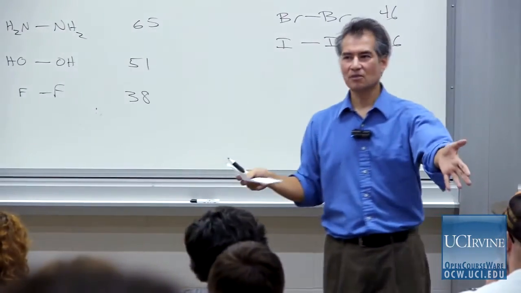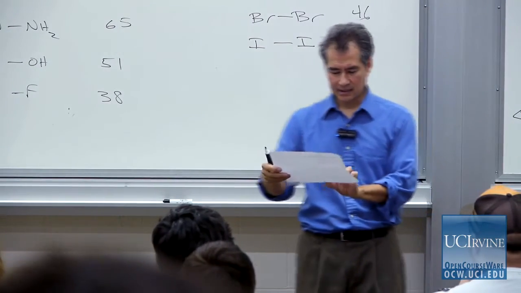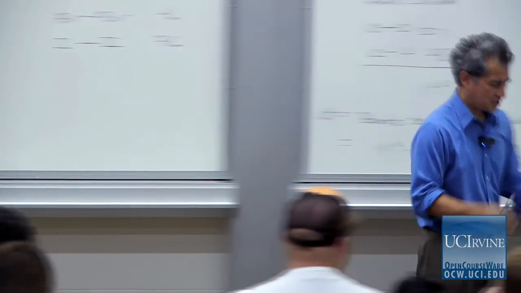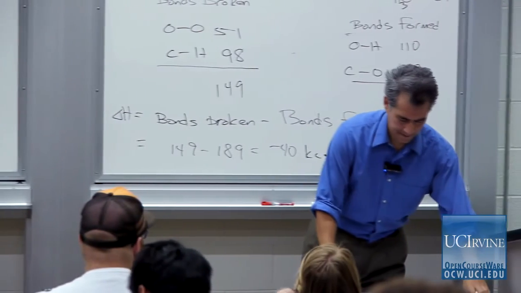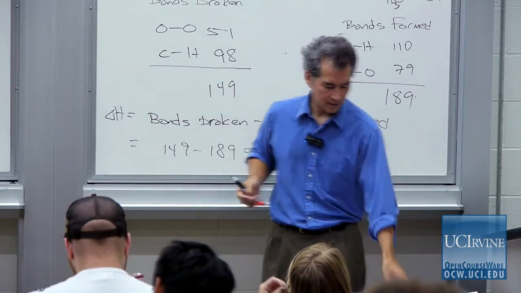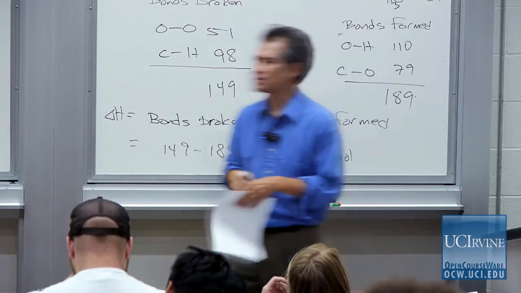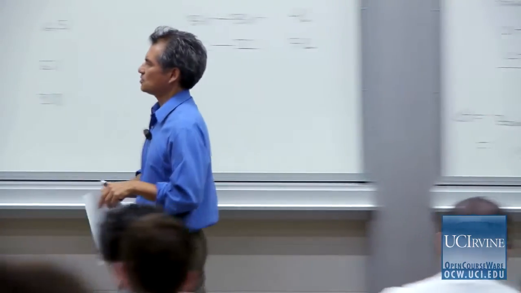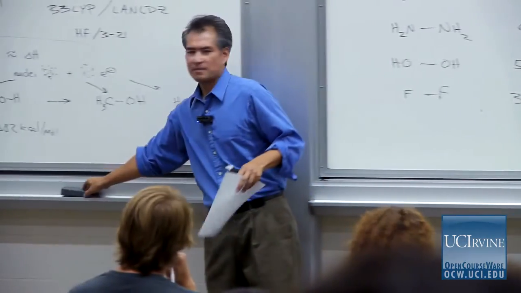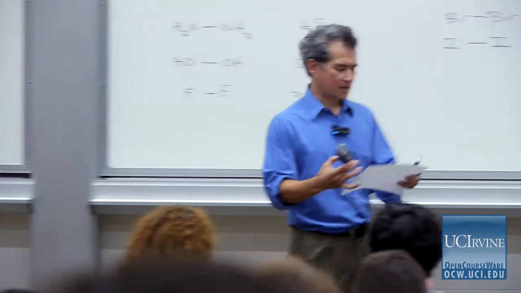Now, again, it doesn't take entropy into account, but that's okay. So use numbers from electronic structure calculations in the same way that you use enthalpy. It doesn't take entropy into account.